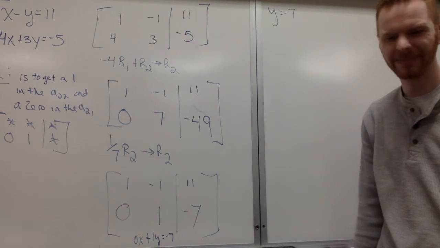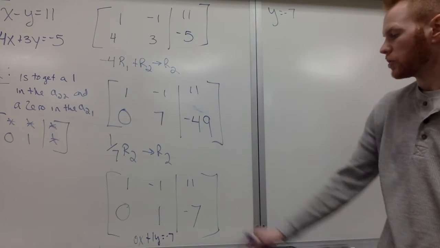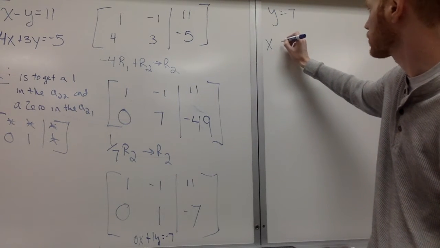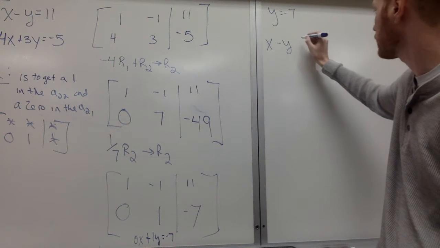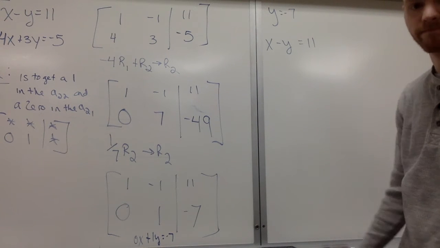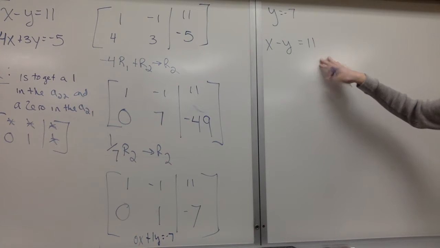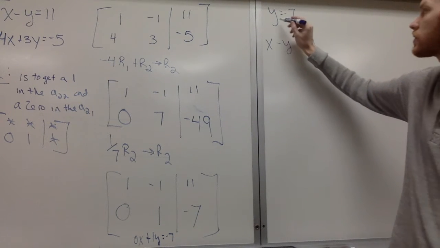Awesome. That's perfect. So now, let's look at the top equation. Let's translate it. So the top equation says we have 1x, we have -1y's equals 11. See how I took this guy and just translated it? Now, what I can do is use substitution.